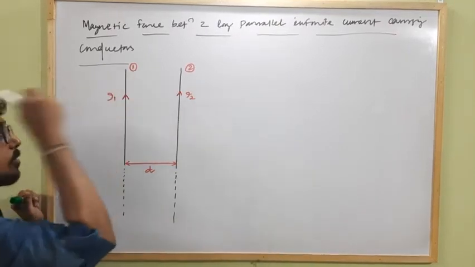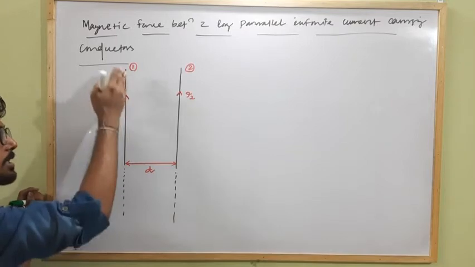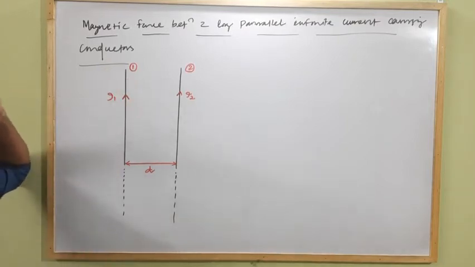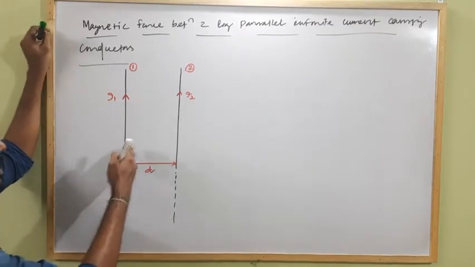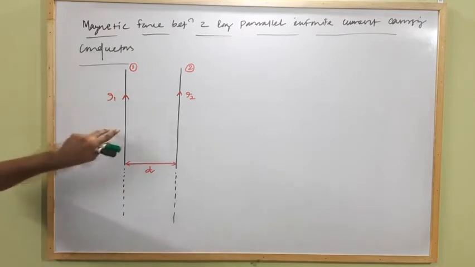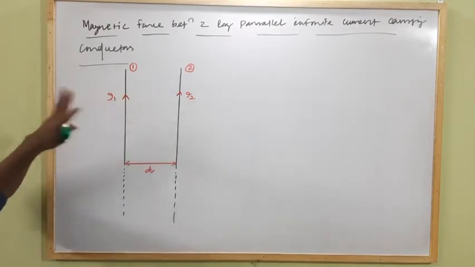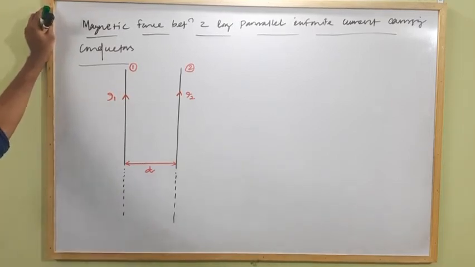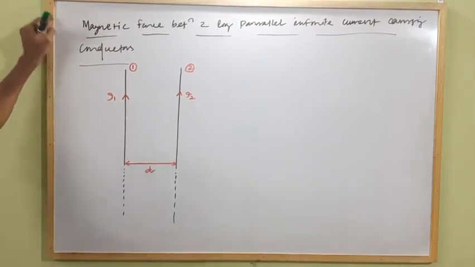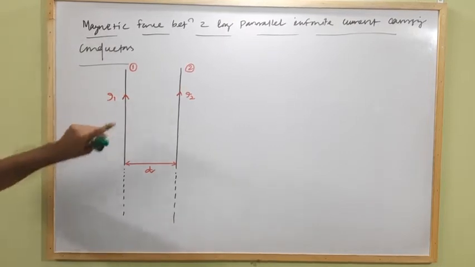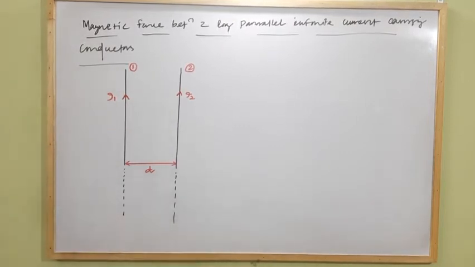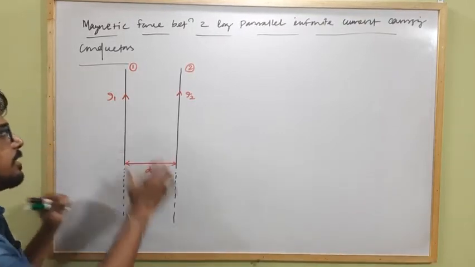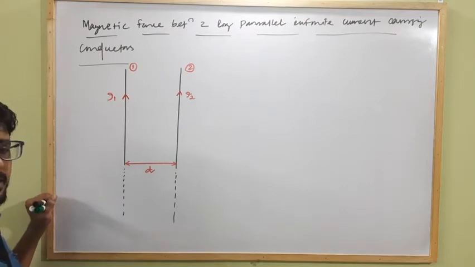So 1 and 2 are two infinitely long straight current carrying conductors, which are parallel to each other, and they carry currents I1 and I2 in the same direction, and the separation between them is D. Clear? So what is the force acting on these two current carrying conductors?